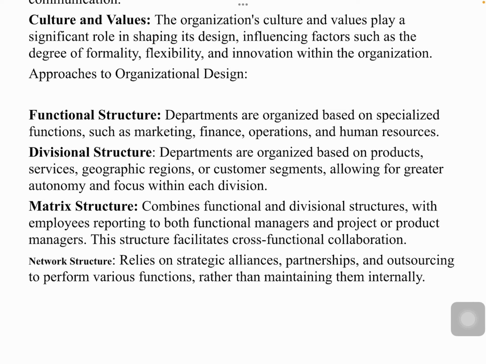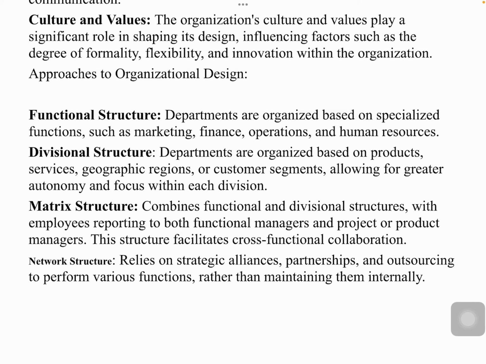Divisional structures are departments based on products, regions, or customer segments. Example, separate divisions for each product line. Matrix structures are a combination of functional and divisional. Example, project teams that include members from different functional departments.